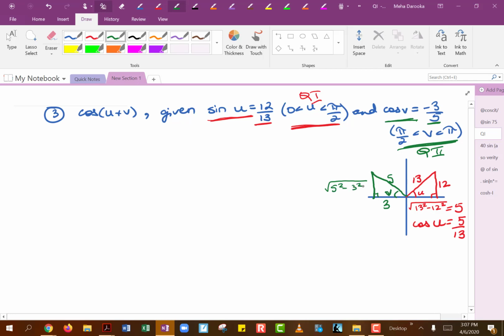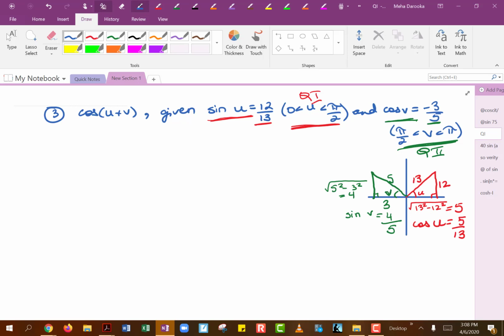So that will be the square root of 5 squared minus 3 squared, and that actually comes out to be 4. So that means we are given cosine of v. So from this triangle you can find sine of v. Sine would be opposite over hypotenuse, so you would have 4/5. So we're going to need these when we finally calculate our values for the function here.